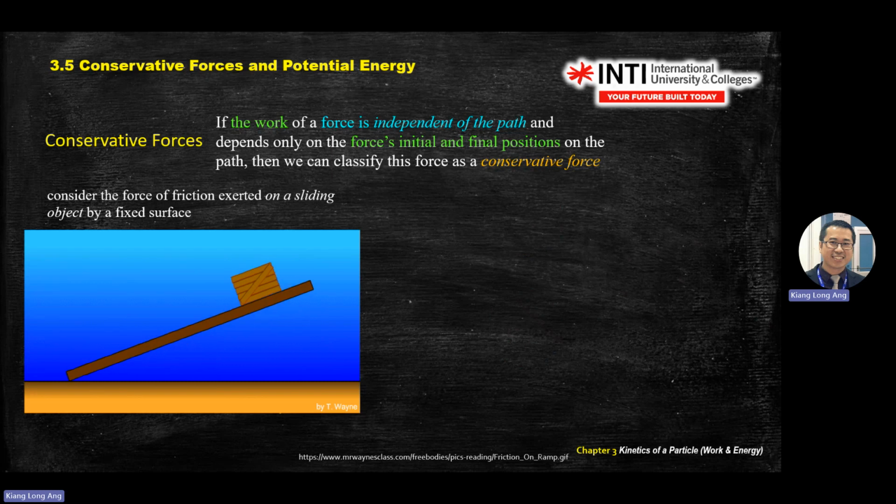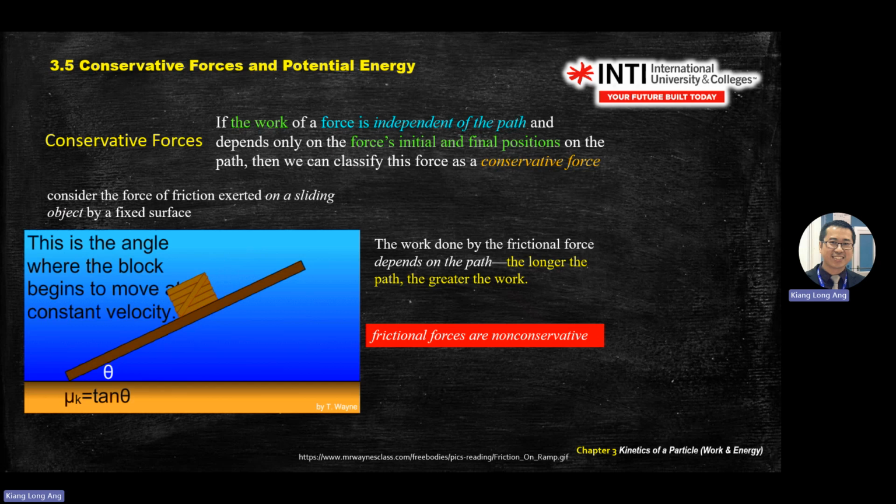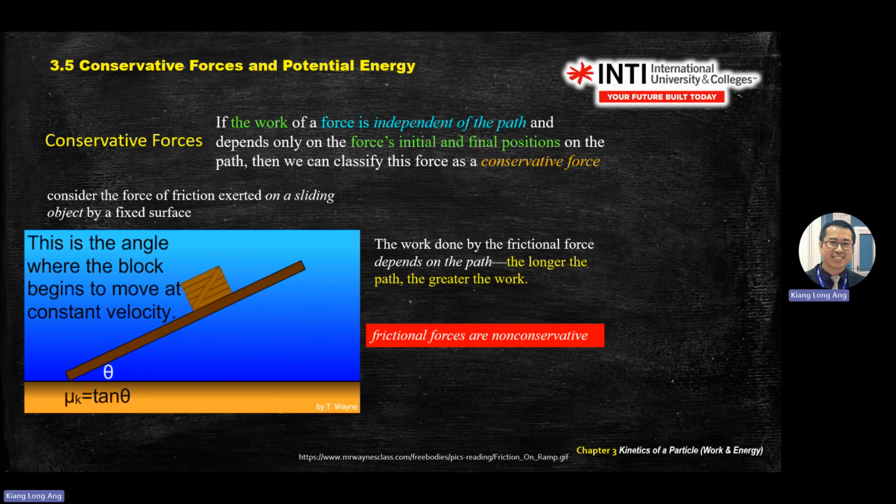And friction force is not conservative. Why? Because the friction force depends on the path that it travels. The longer the distance friction travels, the greater the work. Okay, so remember this conservation of force.